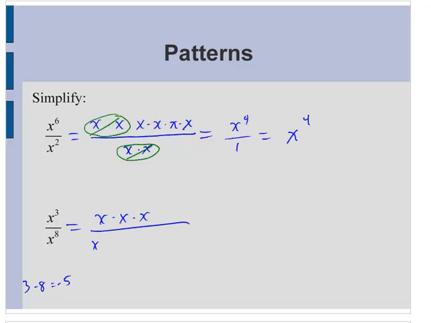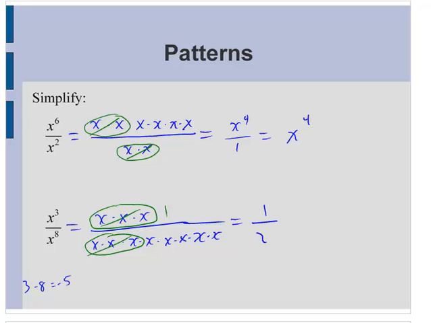The denominator, 1, 2, 3, 4, 5, 6, 7, 8 factors of x. Removing common factors, and remembering there's a 1 in the numerator, we would have 1 over x to the 5th, which, recall, is equivalent to x to the negative 5th.